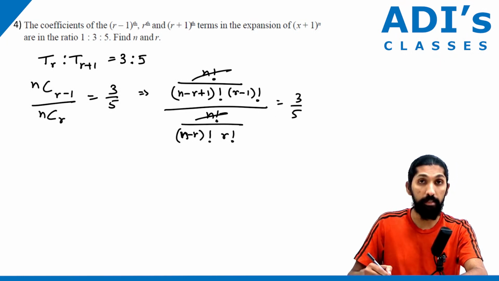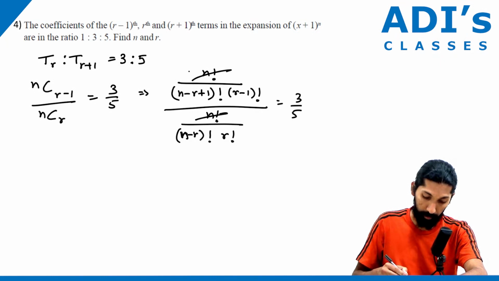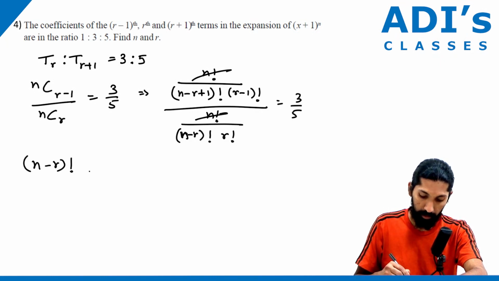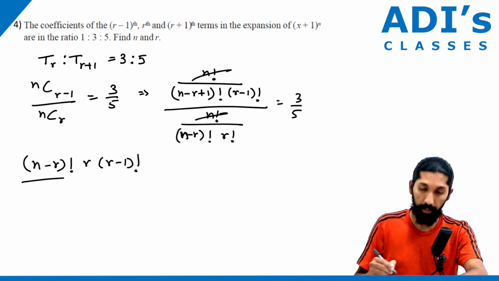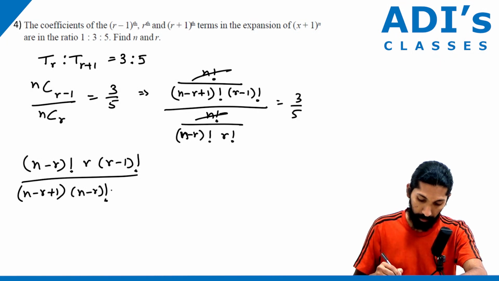n factorial cancels out. See, we have (n minus r), correct? So, take it to the numerator. (n minus r) factorial into (r minus 1) factorial divided by (n minus r plus 1) into (n minus r) factorial into (r minus 1) factorial.